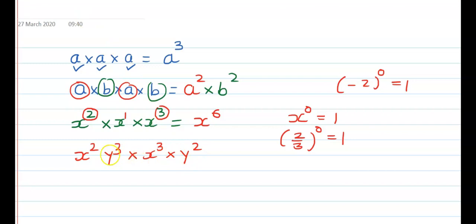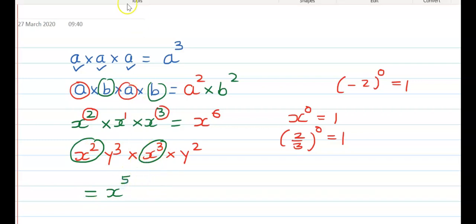So collect all x's together, x squared here and x cubed here. So we write x, 2 plus 3 becomes 5. Now similarly, we can collect y as well. Here it is y to the power 3 and here y to the power 2. So it will be y, and 3 plus 2 becomes 5. So x to the power 5, y to the power 5 will be your answer.